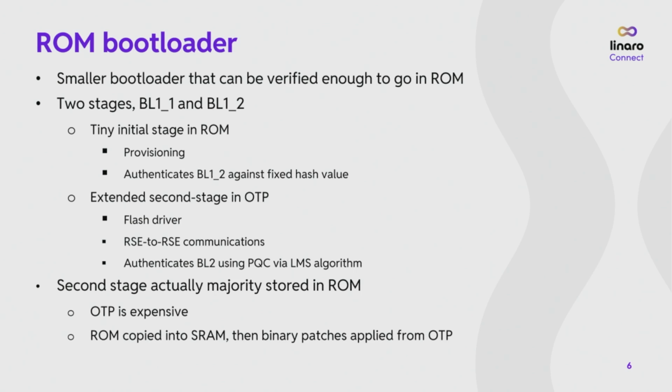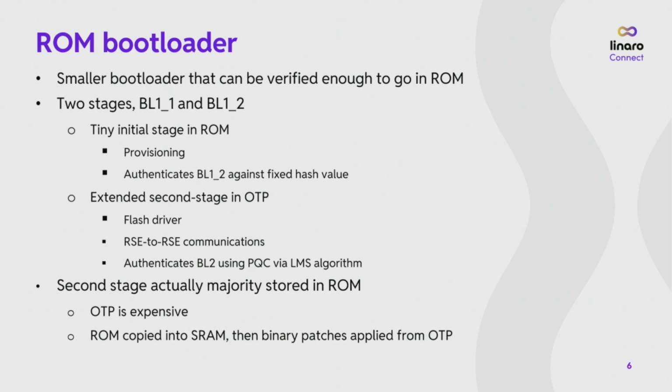It's expensive if we have bugs, of course, in a ROM-based bootloader. So we've designed it in such a way that it's very tiny. It doesn't have a lot of capabilities. What it basically does is, when the entire SoC comes up, it will be the first thing that comes up in the system. Its basic functionality is to authenticate and load the next stage bootloader, which is BL1_2, and do some basic provisioning as well.